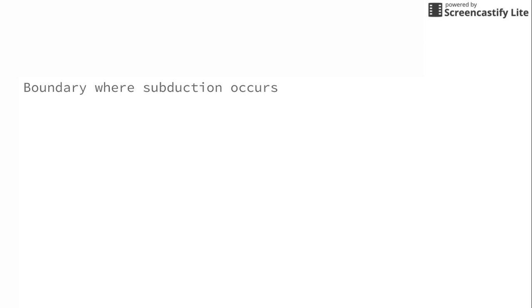Convergent boundary. Boundary where volcanoes most likely form. Convergent boundary. This type of crust is more dense. Oceanic crust. The boundary where mountains form. Convergent boundary. The boundaries where earthquakes occur. Transform boundary.